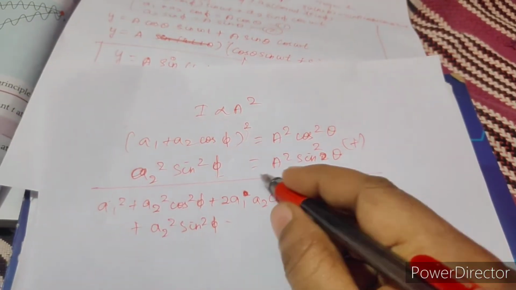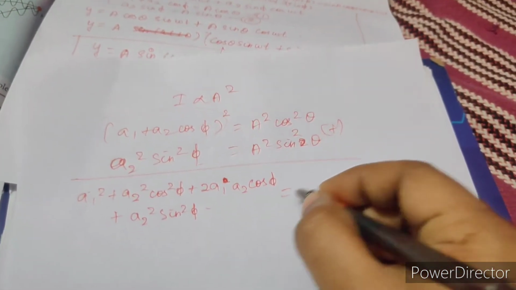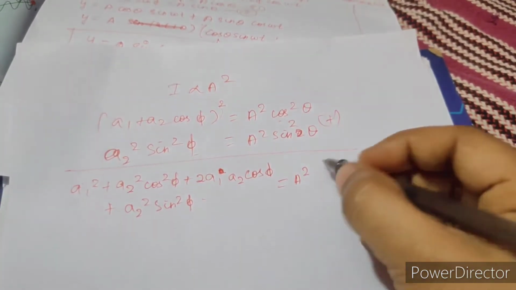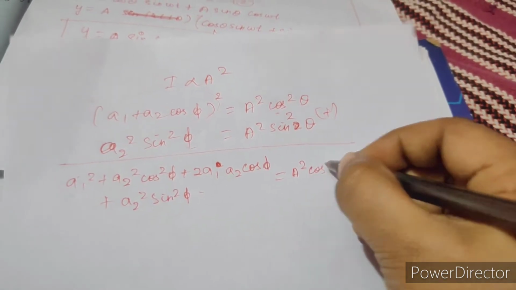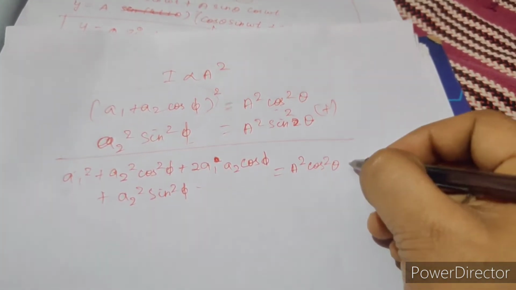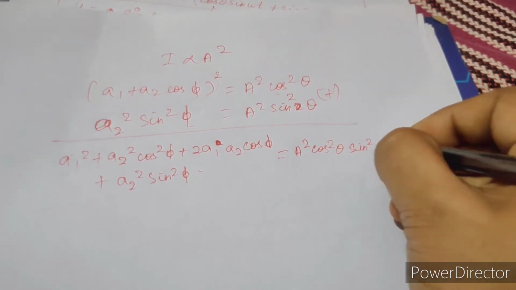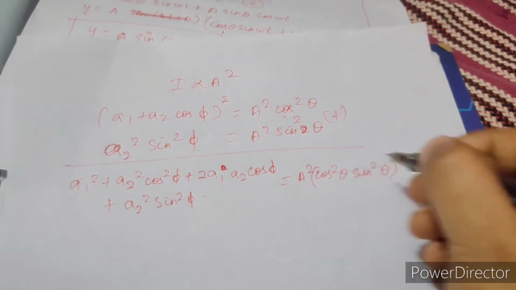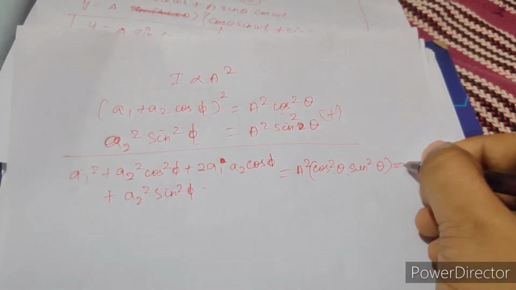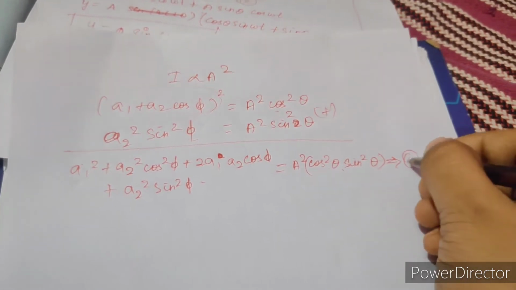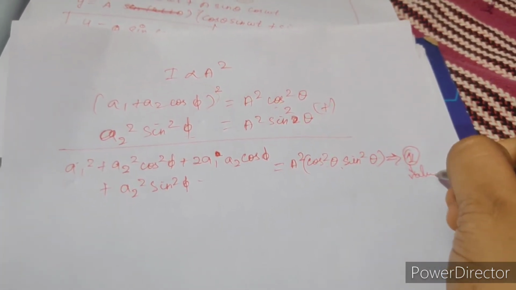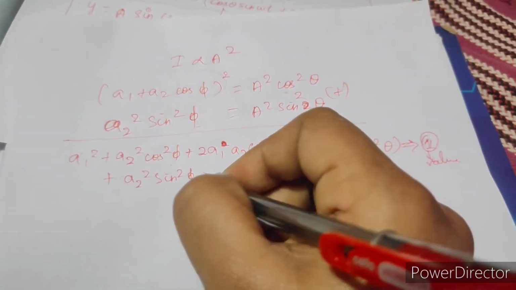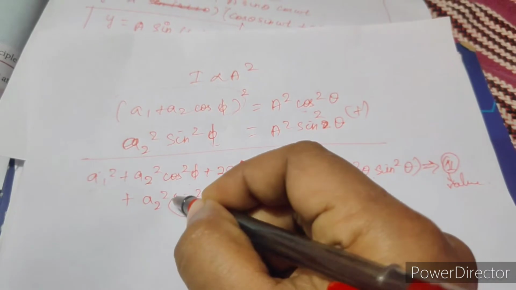And on the right hand side, we have A squared cos squared theta plus A squared sin squared theta, with A squared as common. For this term, cos squared theta plus sin squared theta, the value will be 1. Likewise sin squared phi and cos squared phi will have the value 1.